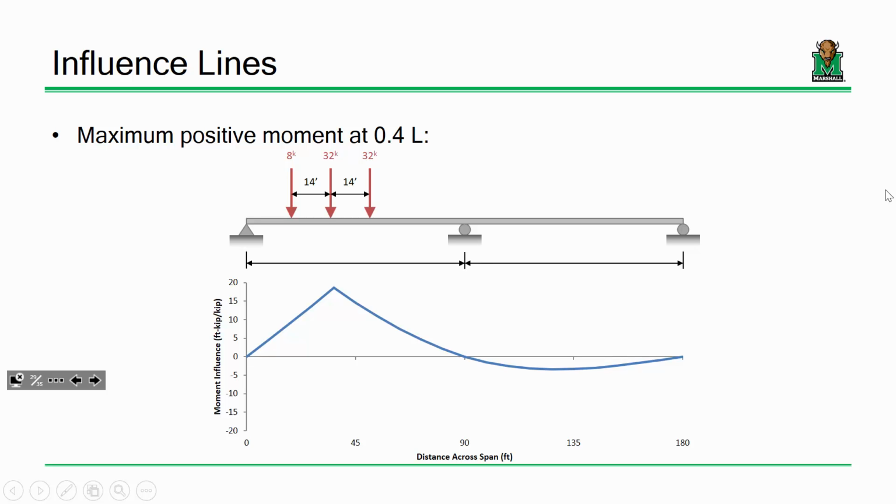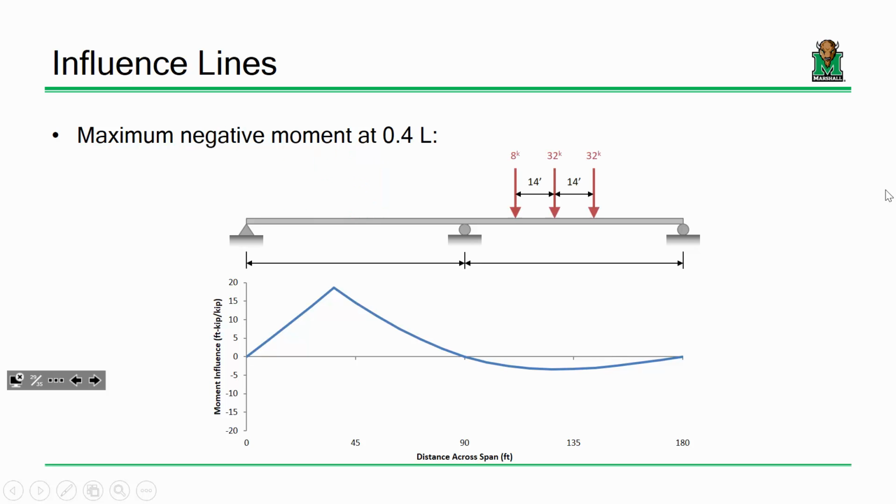How do I get the response? 8 times whatever that value is, 32 times whatever that value is, 32 times whatever that value is, right? Make sense? What about maximum negative moment? Probably something similar, only I've got to place that over here. So at a particular point, there's a maximum possible positive moment and a maximum possible negative moment.